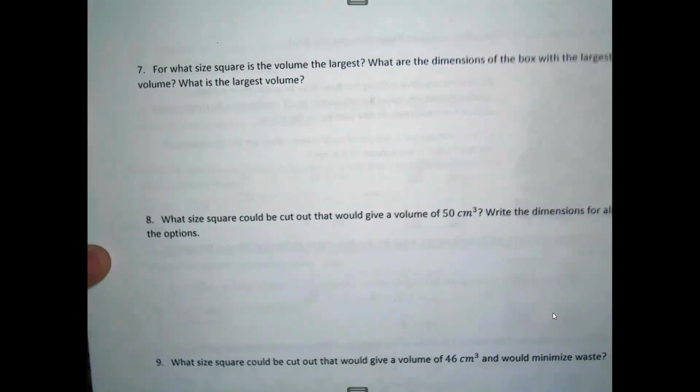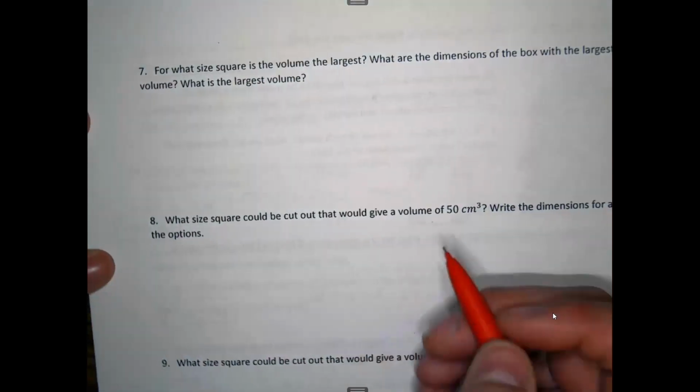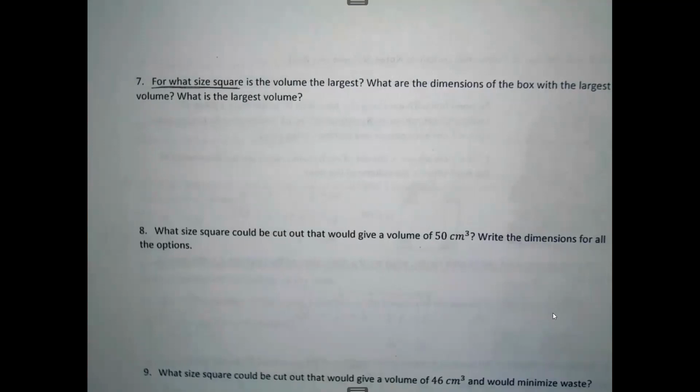All right, this question says, there's a few questions, so we're going to have to answer a few of them. It says, for what size square? Is that an X value or a Y value? That's an X value. Okay, for what size square is the volume the largest?